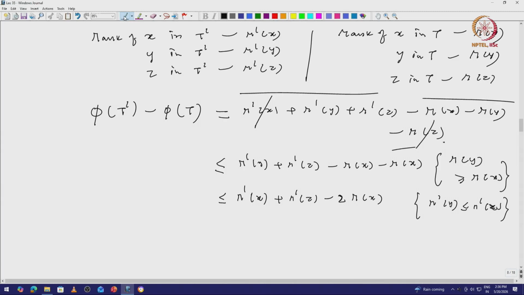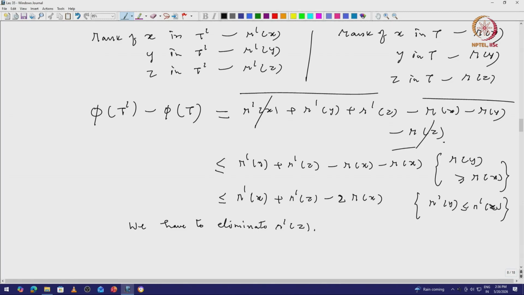Now we have to eliminate r dash z, and we will eliminate it by relating it to r dash of x and r of x.